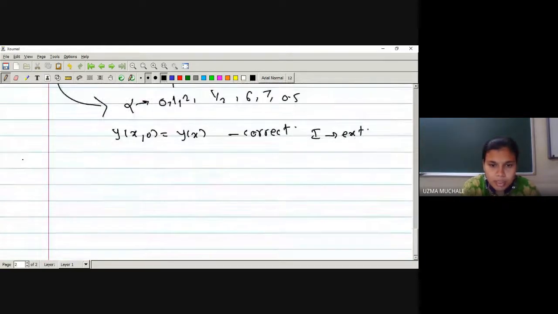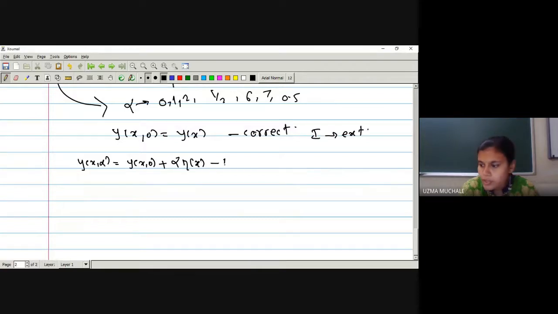Let me write this equation once again so that we can differentiate it. y of x alpha is equal to y of x0, so if alpha is 0 this will be the correct path, plus alpha times eta of x. This is our equation number 2. For alpha equal to 0, what we get is the correct path.